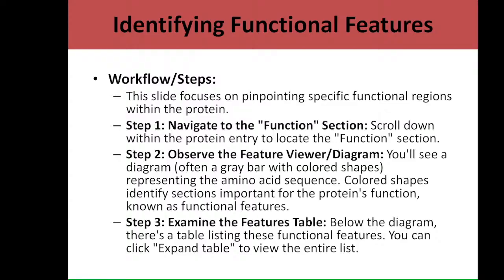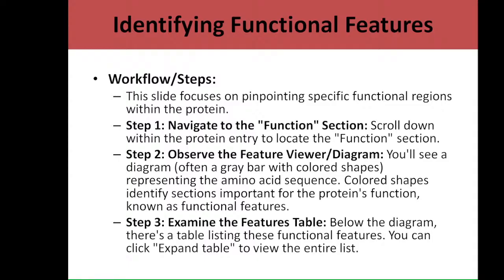Then, how can you functionalize your protein? How can you determine the function, annotate the protein? You navigate to the function section, still under UniProt within the protein entry, in order to locate where you are going to see the function.